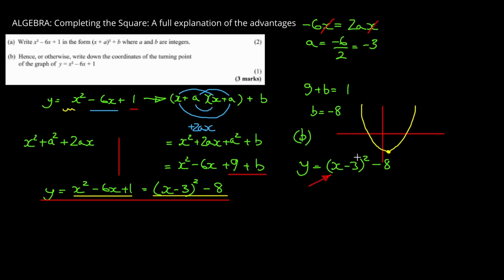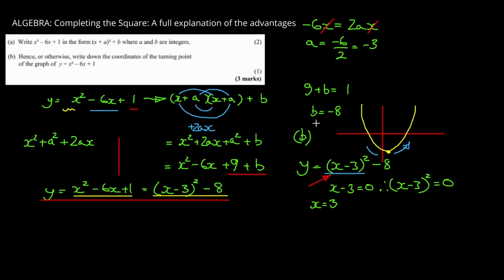Well, that happens when x minus 3 is equal to 0. And when does this happen? This happens when x is equal to 3. So when x is equal to 3, this whole term doesn't have any power to alter the curve from a negative 8 value. Any other value of x will cause this to turn a bit positive and pull the curve upwards.